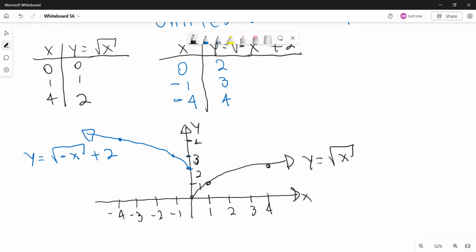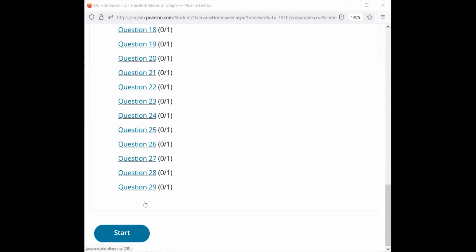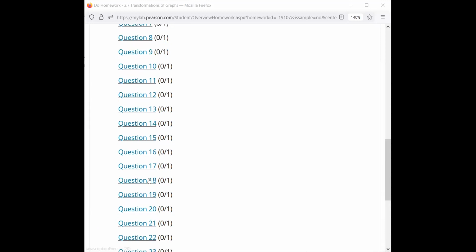Okay, and I'm going to show you an example of how this is going to work in the homework. If you haven't attempted it yet, I just need to open the assignment to show you how you do this type of problem. Okay, so I'm trying to find one of these examples.